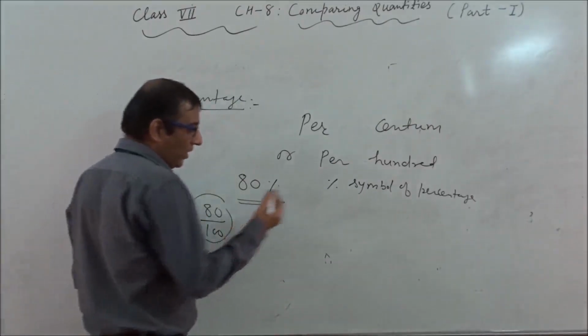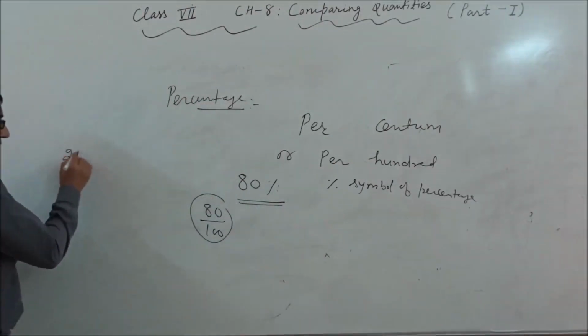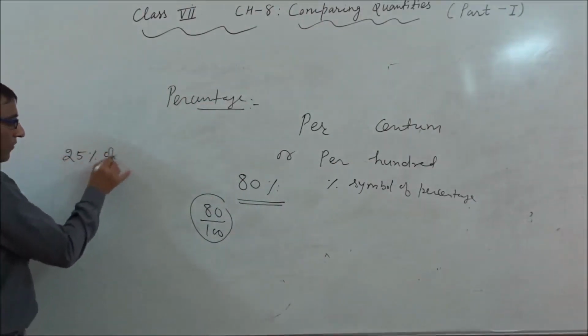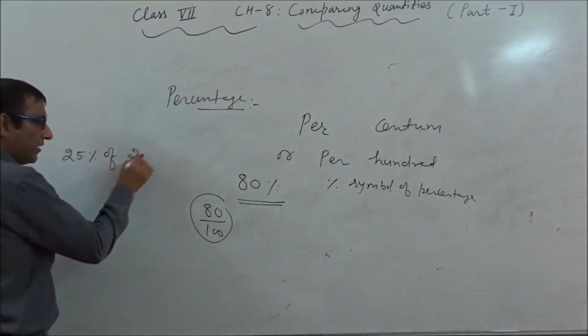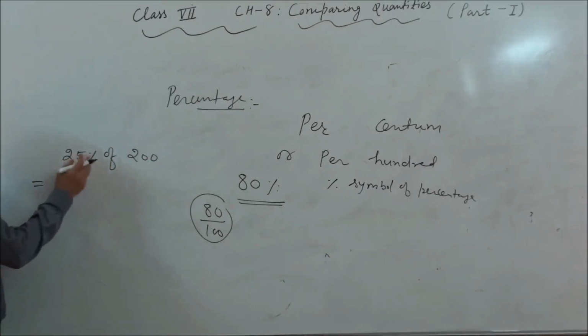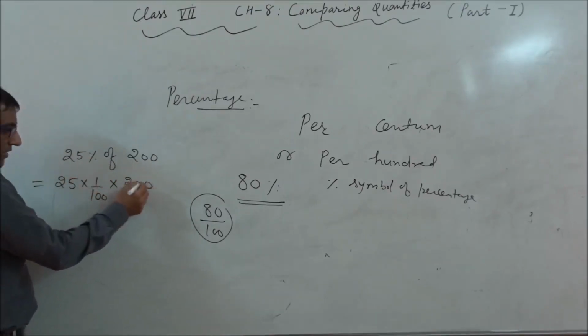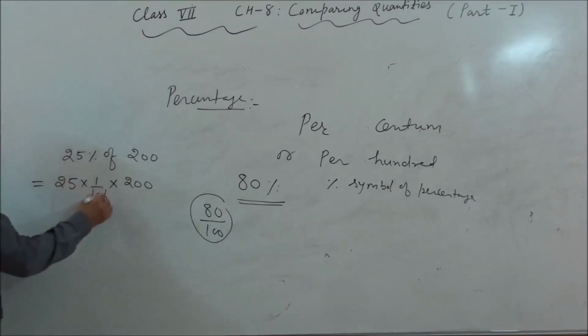So, for example, if someone says to me, I want to calculate 25% of 200, how can we calculate it? First, we will write 25. Percentage means per 100, so it can be written as 1 upon 100. Of means multiply, 200 as it is. Now we will continue with cancellation. 0 cancels with 0, the other 0 again cancels with 0.